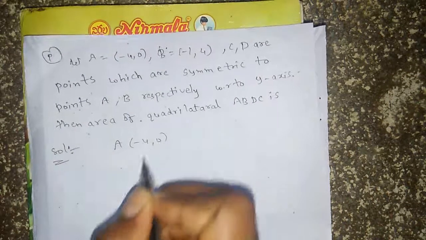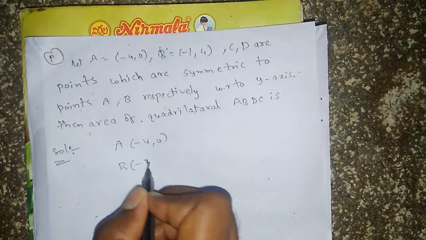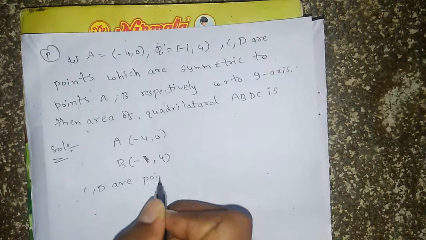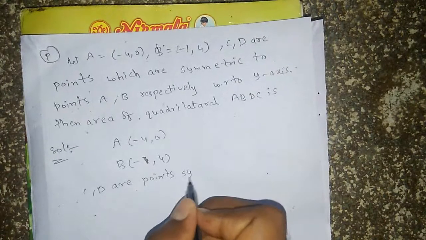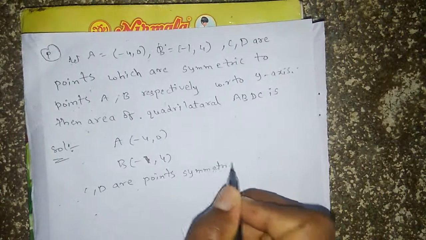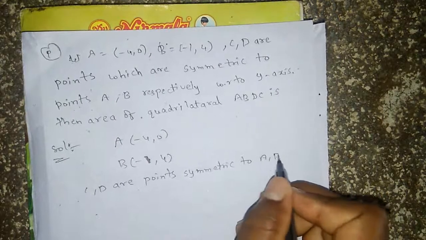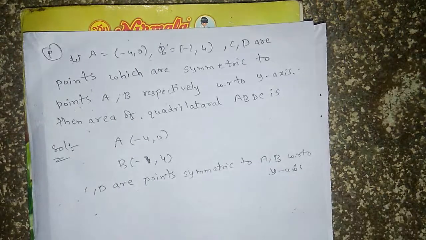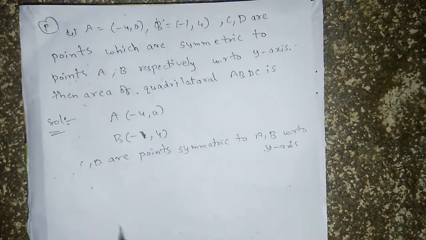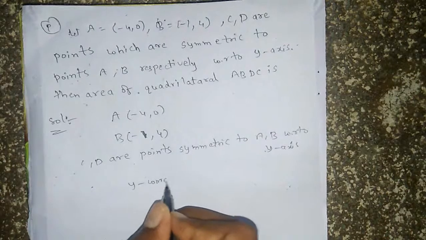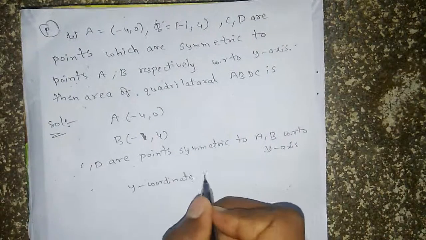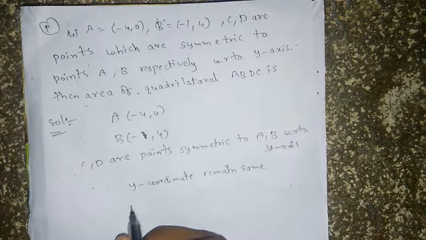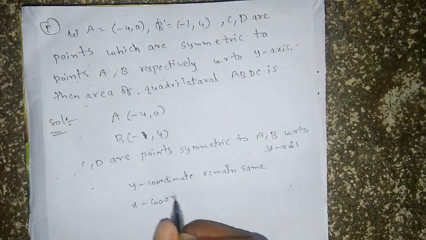A is minus 4 comma 0, B is minus 1 comma 4, C comma D are points symmetric to A comma B with respect to y-axis. With respect to y-axis means y coordinates remain same, x coordinate sign changes.